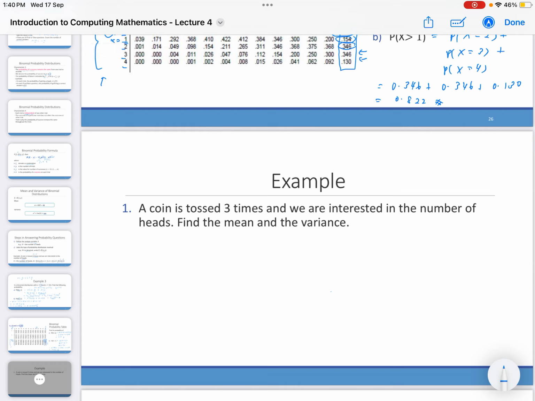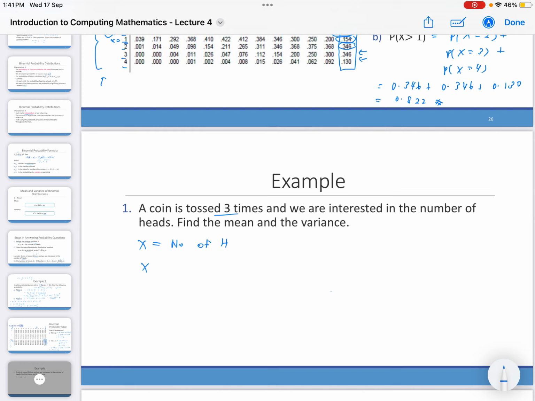Okay, let's look at next question. So a coin is tossed 3 times, and then we are interested in the number of heads. So find the mean and the variance. So remember this one, we already discussed as before. So for this one, they say x is the number of heads.